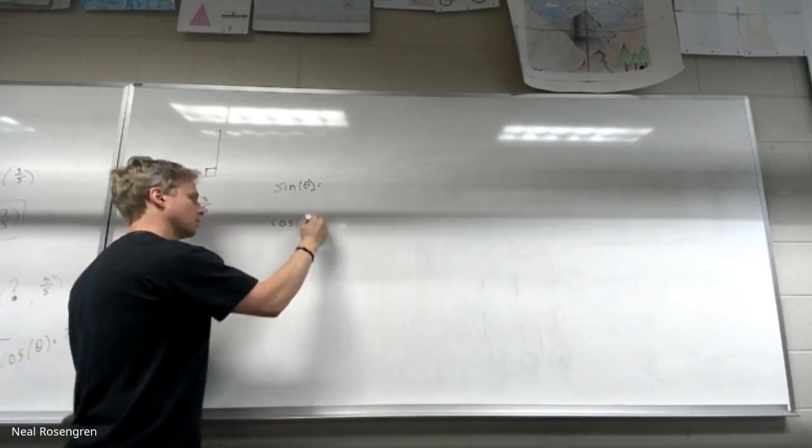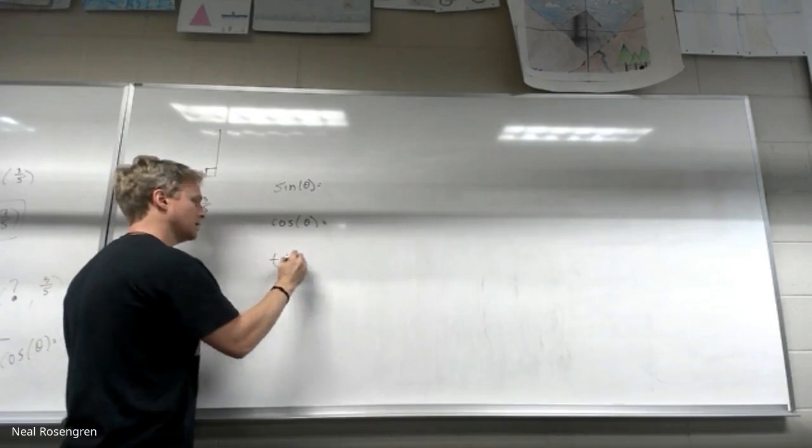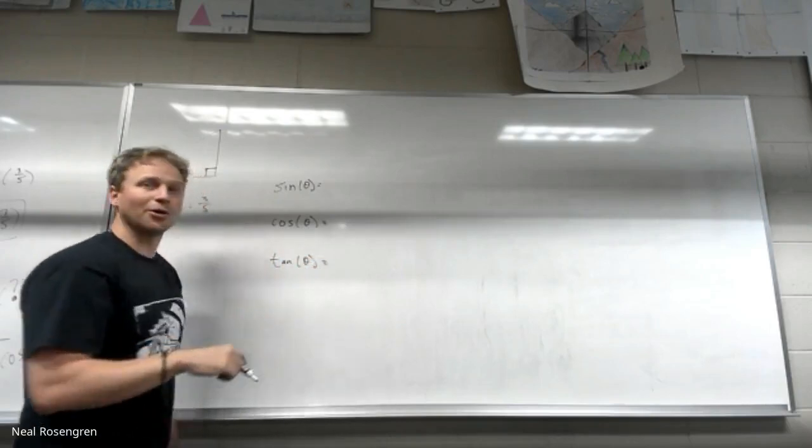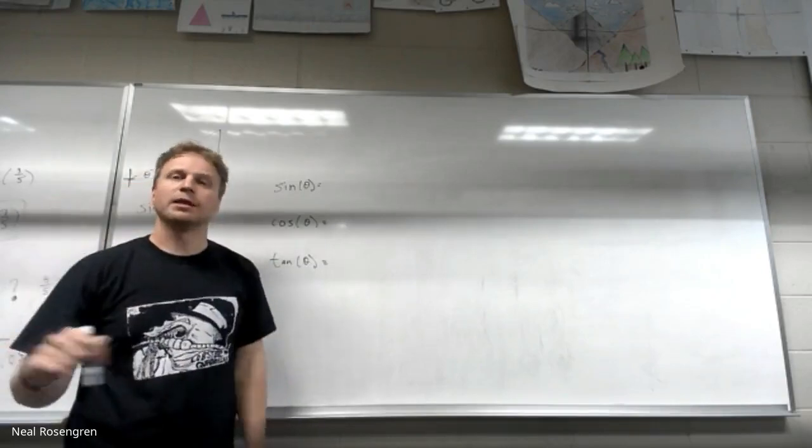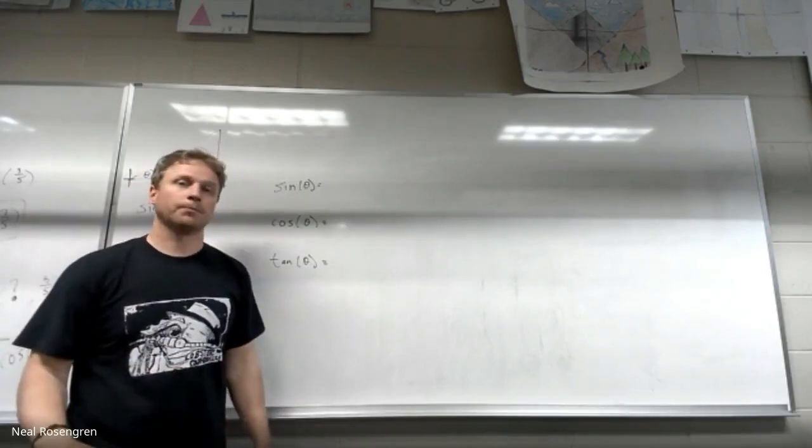Same thing with cosine, same thing with tangent, when we start relating the sides back to the angle that they came from.